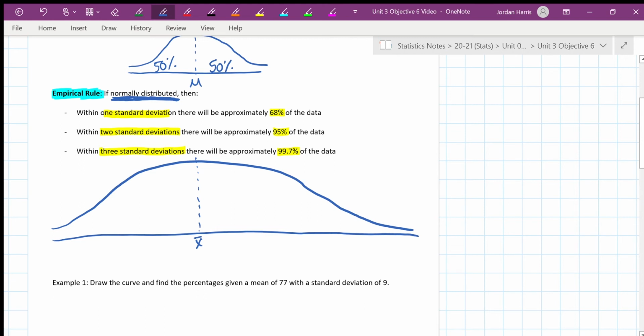Doesn't matter which mean as long as it's the mean. If you go 1 standard deviation to both sides, that is a total of 68%. So we split that in half and we get 34%. Both sections 34%. So it's X bar plus S, X bar minus S. 1 standard deviation to both sides of the mean is a total of 68%.